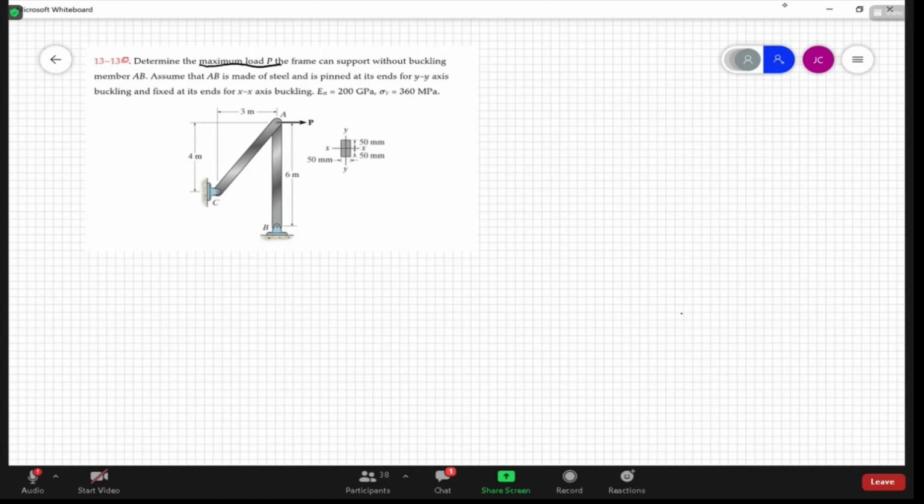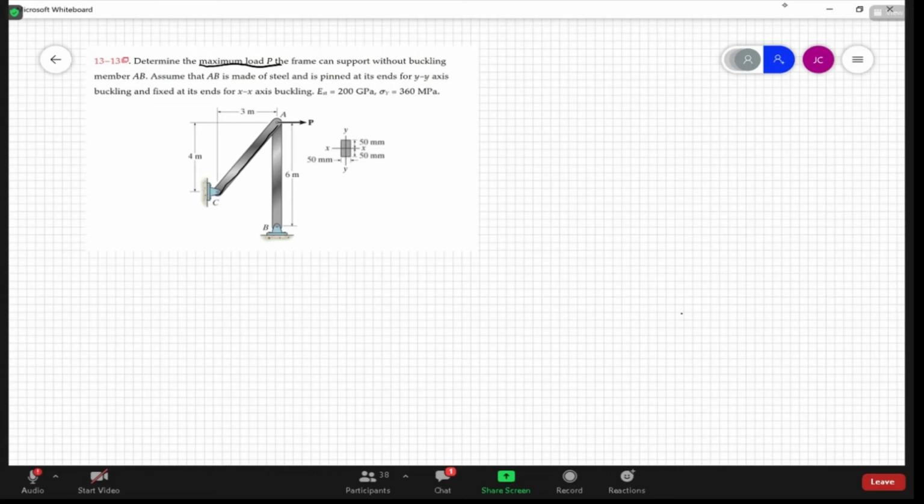Now from this, it's pretty obvious that element AC will only see tension, but AB will see compression, and therefore we have to worry about a buckling load on it. So let's look at this from a loading standpoint.